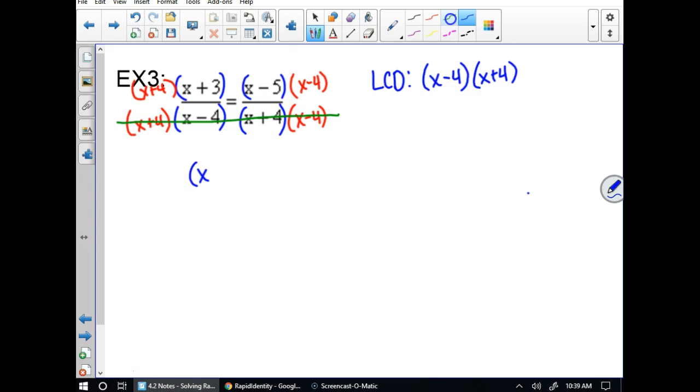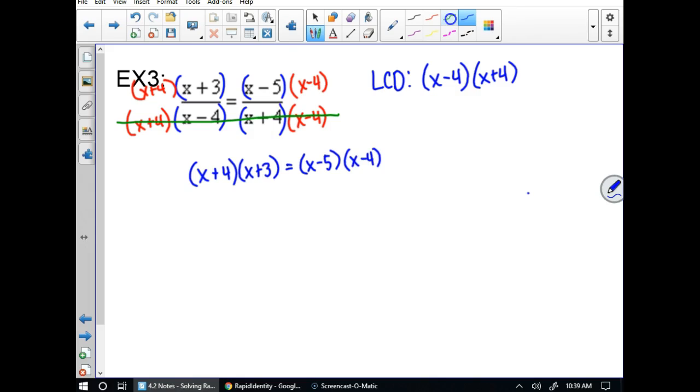I also do ones that are a little bit more difficult in math, in pre-calculus. And some kids refuse to write parentheses, and those kids always do bad in this section. Okay? You got to put your parentheses. So you've got x plus 4 times x plus 3. And you've got x minus 5 times x minus 4.